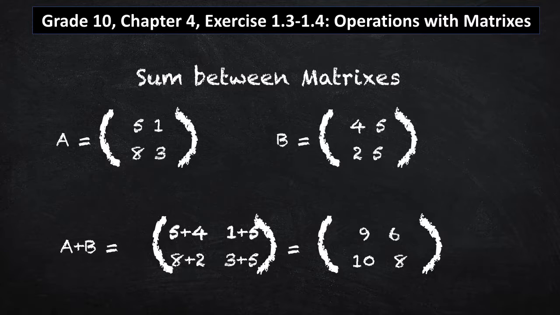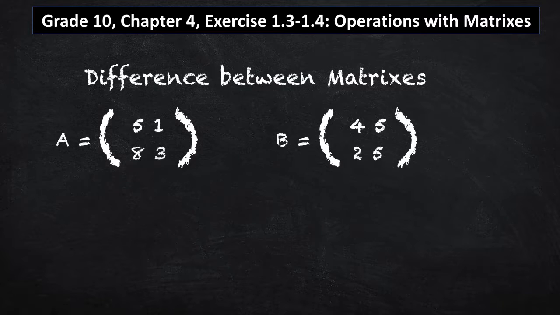Now let's see how to do the difference between matrices, and let's do it with the same matrices A and B. So this time we want to compute the difference. In the element 1, 1 of the matrix A minus B, we will find the element 1, 1 of the matrix A minus the element 1, 1 of the matrix B, so 5 minus 4.